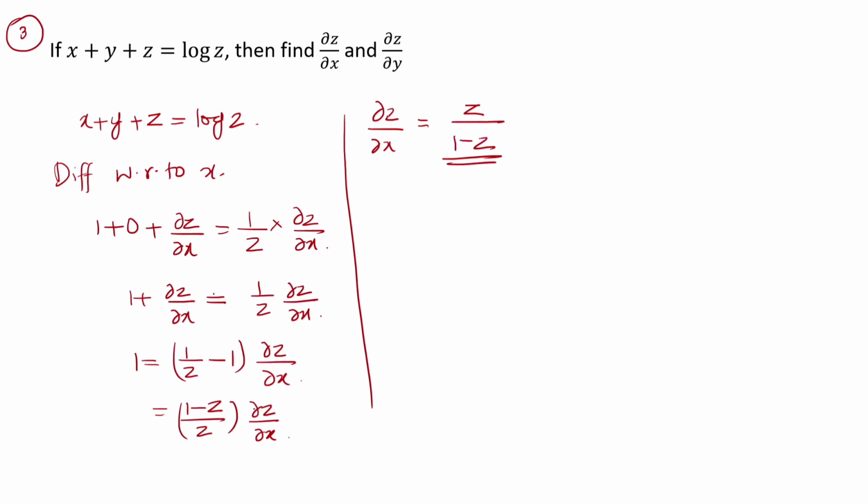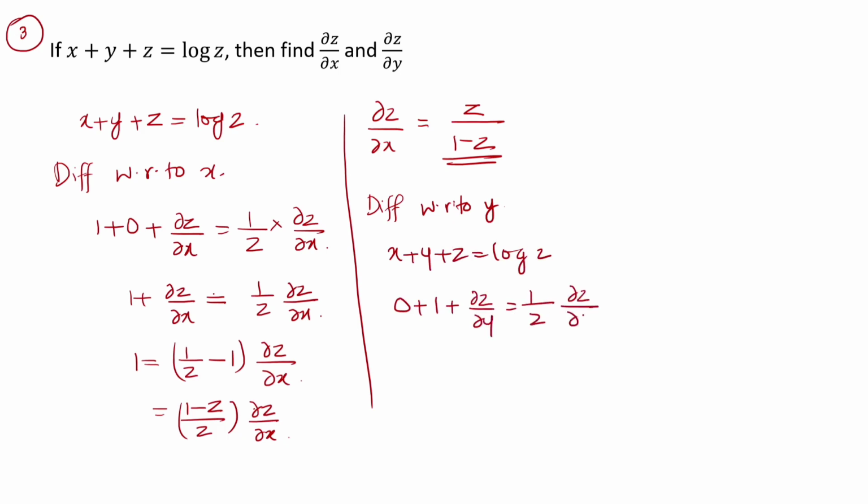And what about this ∂z/∂y? We'll differentiate with respect to y. We have x + y + z = log z. With respect to y, we will get 0 plus 1 plus ∂z/∂y, which is equal to 1/z into ∂z/∂y.